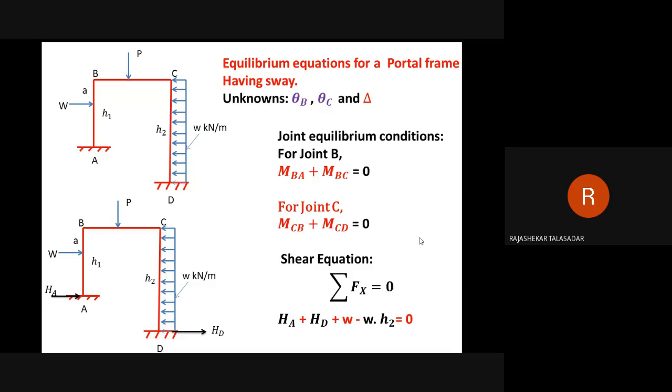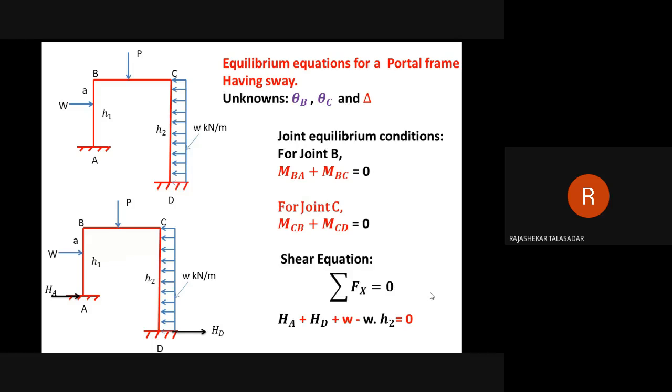Are you understanding what I am saying? You may have only W. You may have only UDL. You may not have both the loads at all. These are the three possible cases. For those three possible cases, how this sigma Fx equals 0 changes, you should understand.